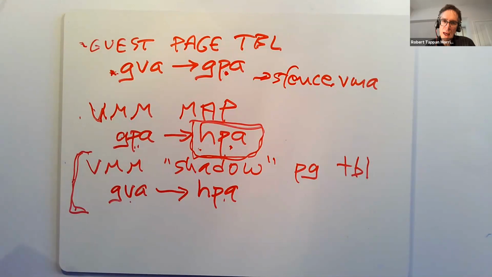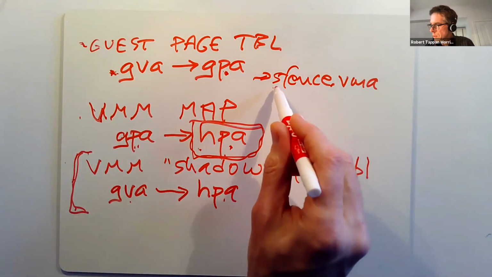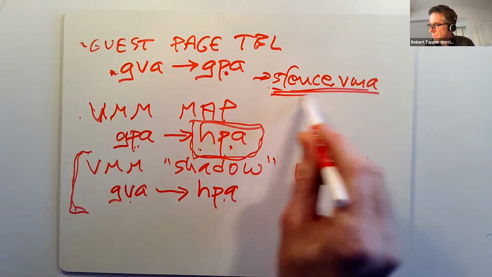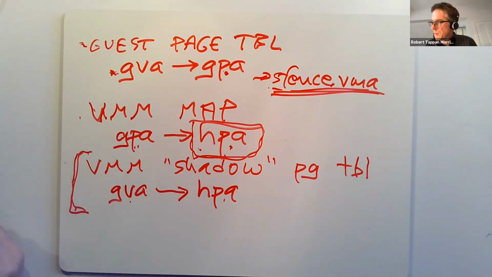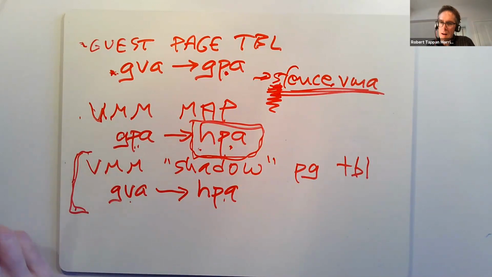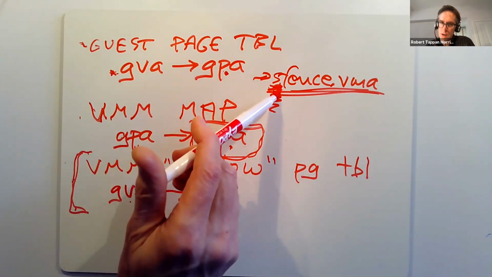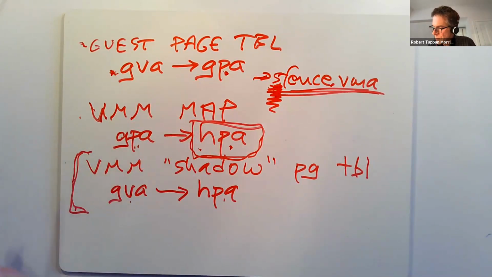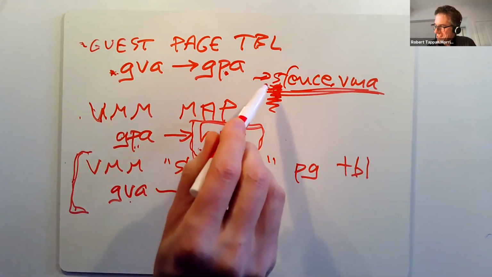But since the guest is going to execute an sfence.vma instruction after modifying page table entries, and this is a privileged instruction, you can tell because it starts with S, that's going to trap into the virtual machine monitor. The virtual machine monitor knows that an sfence was executed.